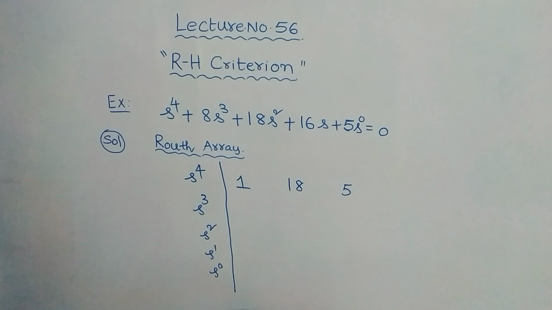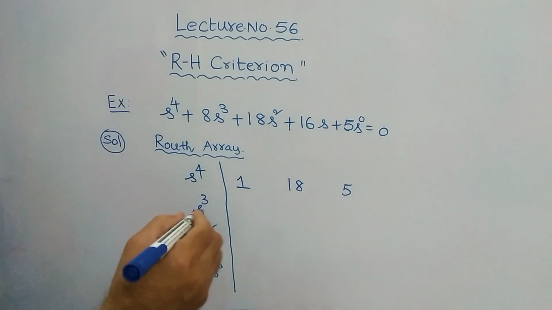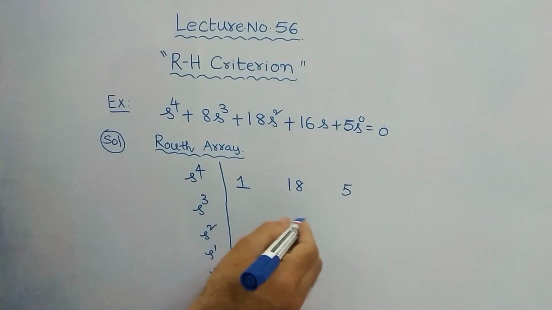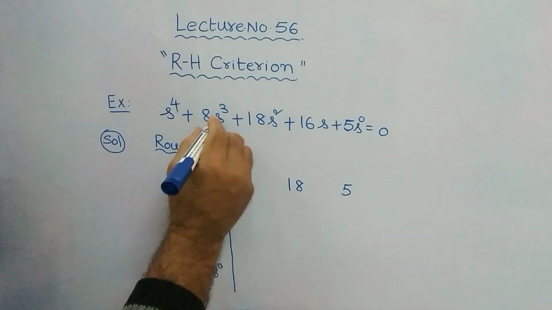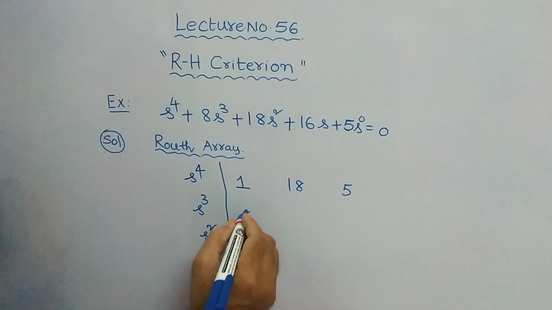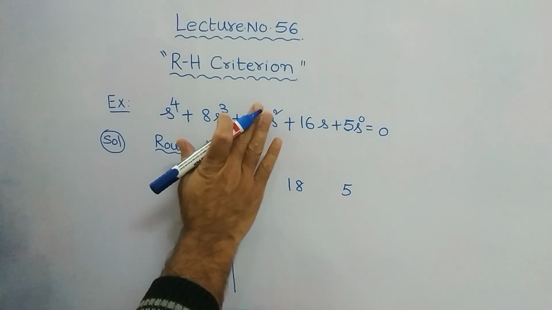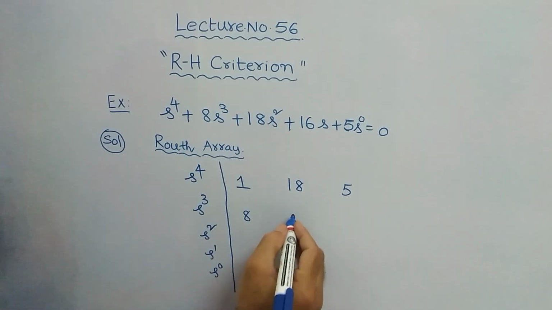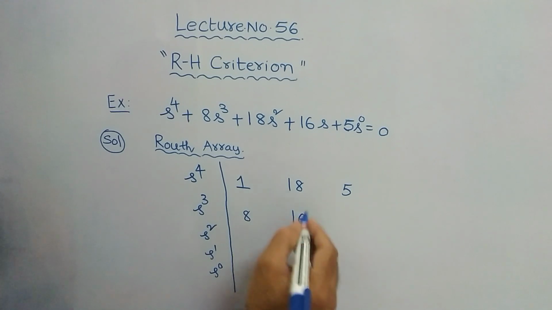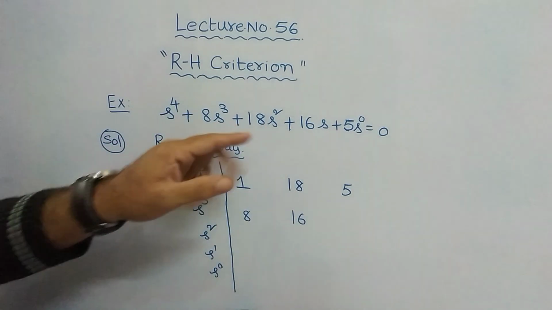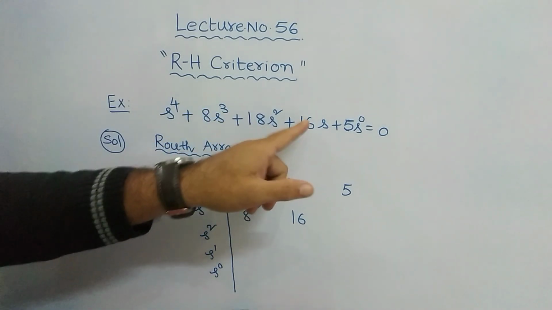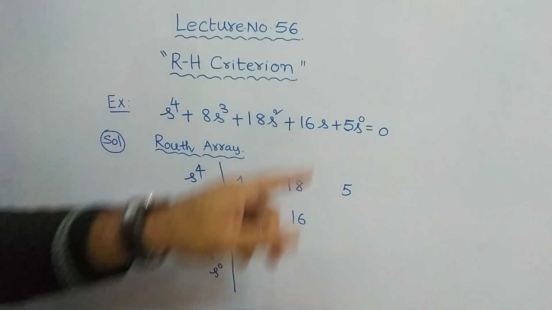Similarly, for the s cube row, the s cube coefficient is 8. Ignore the 18, and the next alternate is 16.